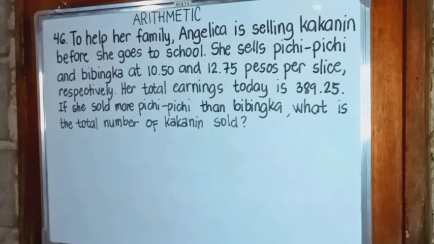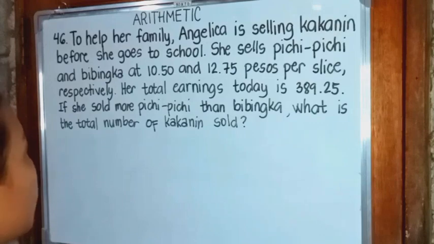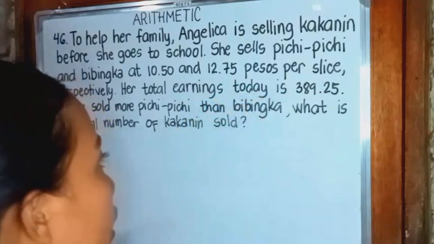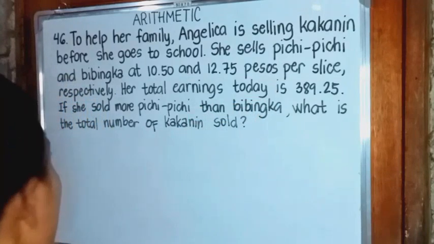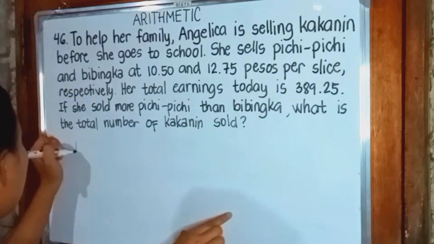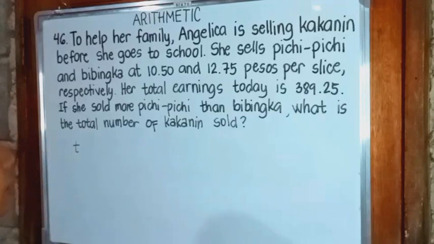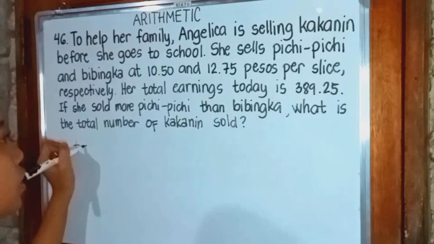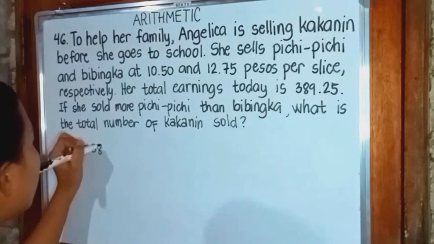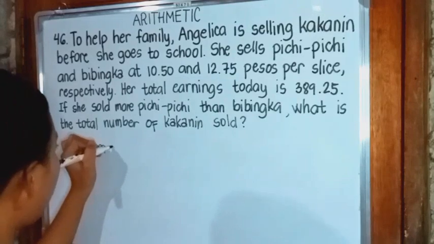It says here that the total earnings she had is 389.25. So let T be the total earnings of Angelica, which is 389.25.